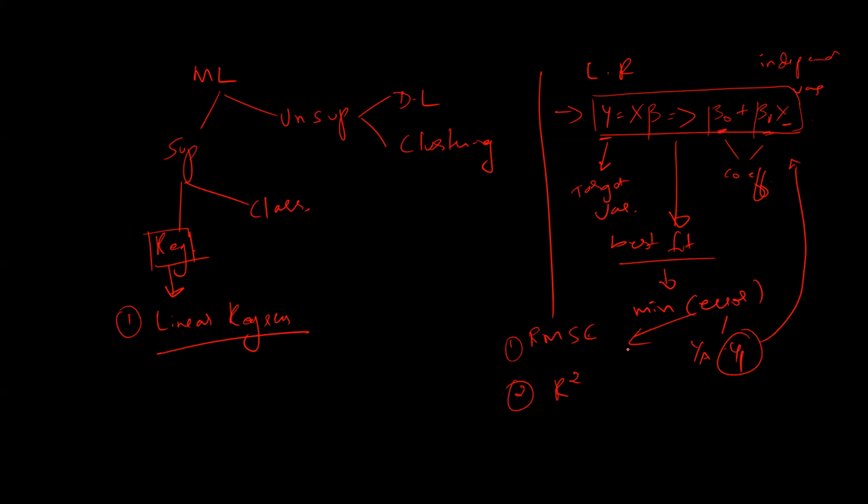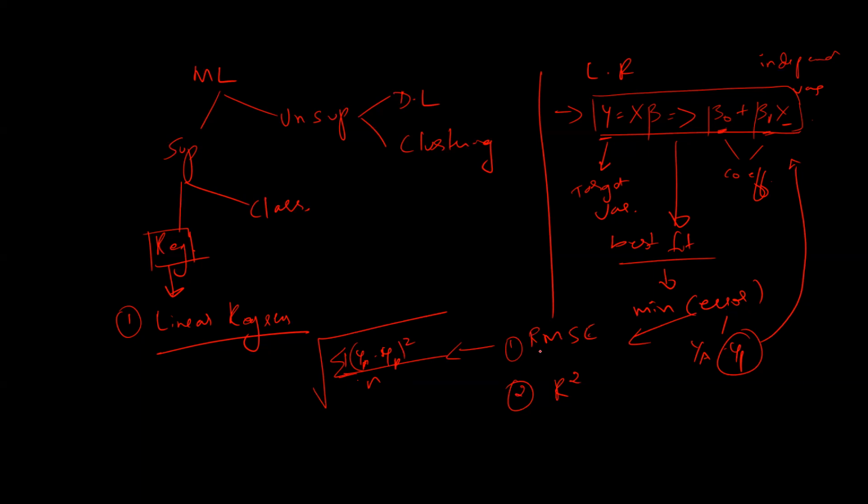What is RMSE? Root mean square error. You take your error, that is actual minus predicted, you take the square of it, you take the mean of it, so summation and a mean, and you take a square root of it, correct?